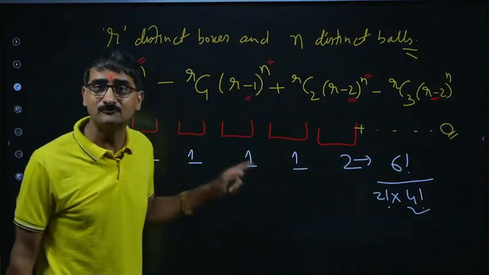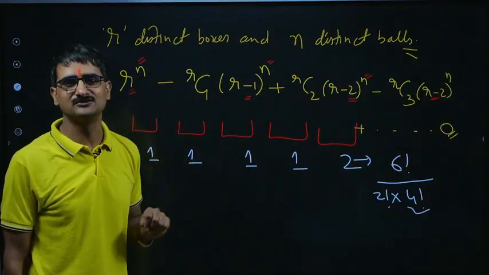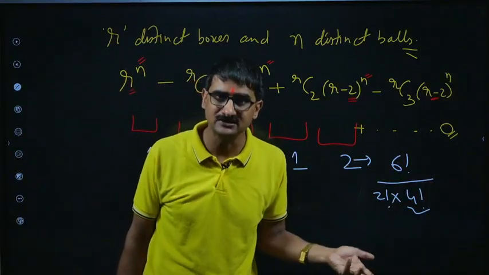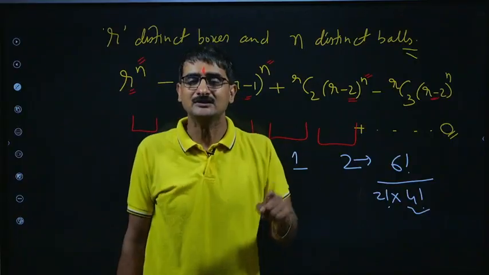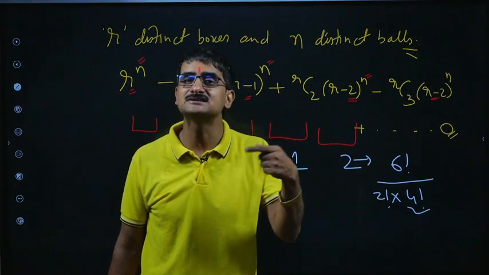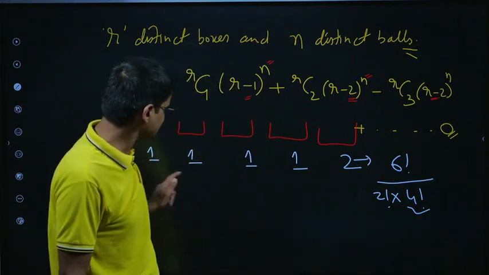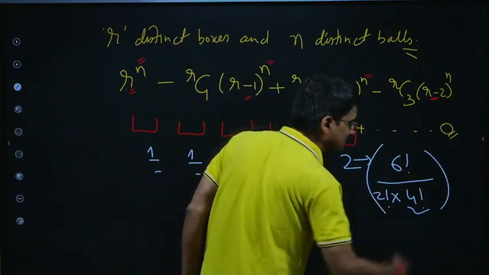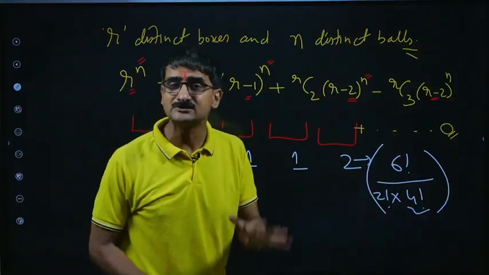Because there are 4 identical size groups. Remember, the objects are distinct, so the groups can't be identical; I said identical size groups. So the size of 4 groups are identical, you divide by 4 factorial. That's the number of ways of forming such 5 groups.